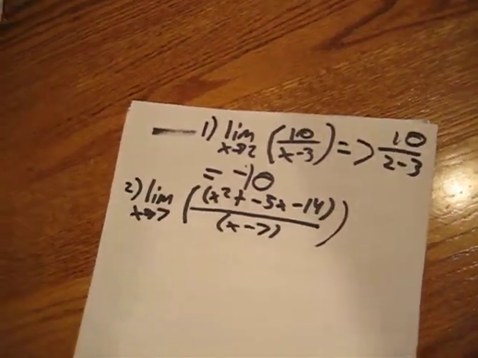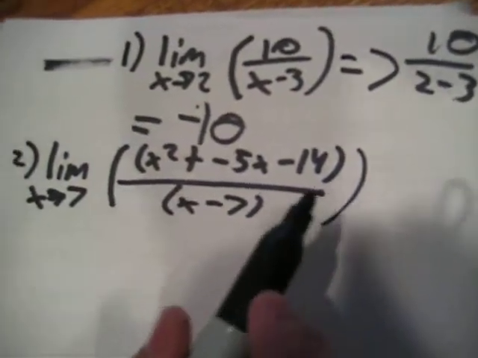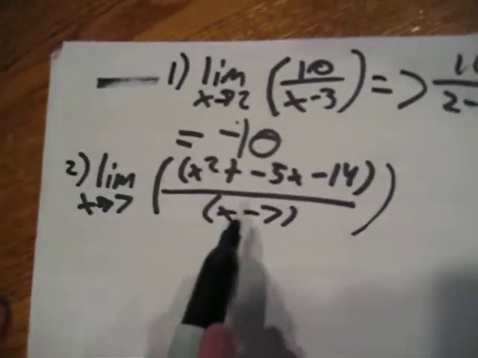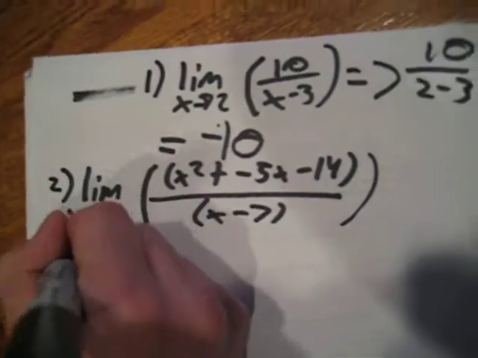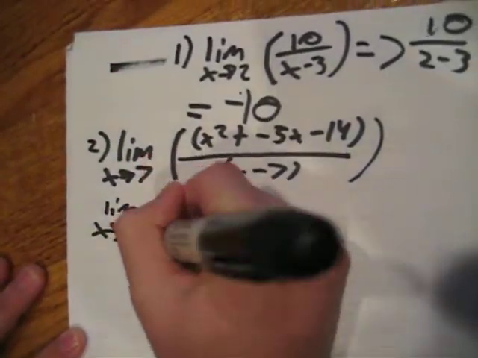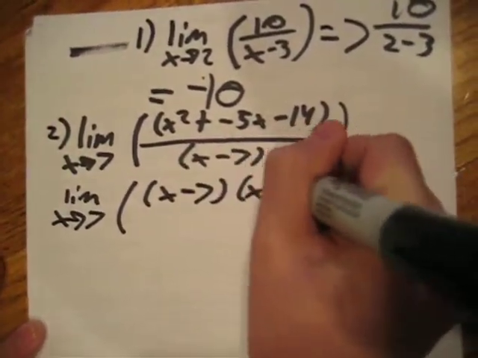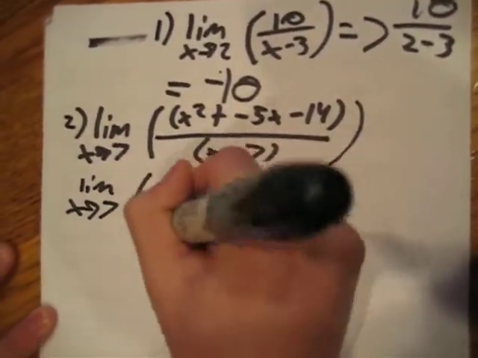Okay, if we plug in 7, you end up getting 0 over 0. So that doesn't tell us anything. So we're going to need to factor the top, and hopefully it'll cancel out with this x minus 7 at the bottom. And it does, luckily.